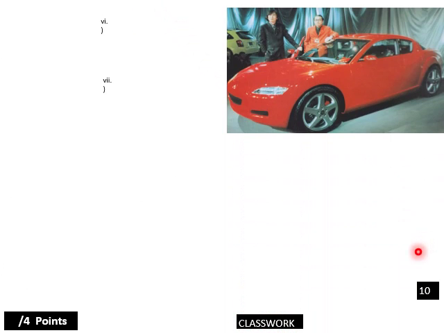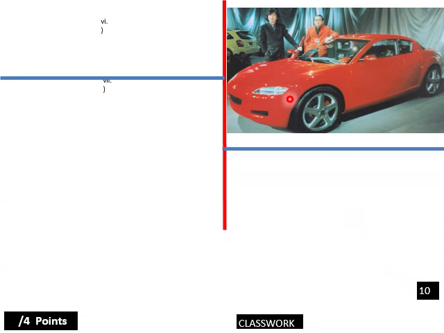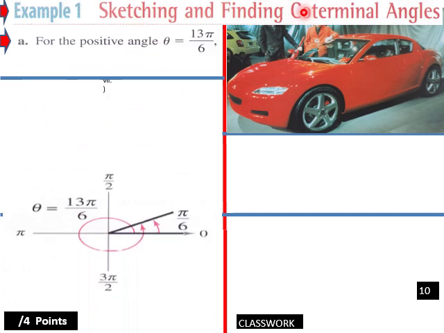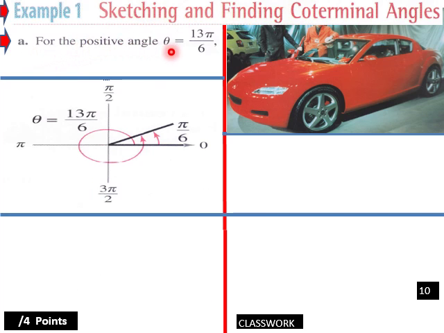Okay, moving right along to page 10 of our lecture today. Sketching and finding coterminal angles. For the positive angle theta equals 13 pi over 6, that is 1 full revolution plus pi over 6. So this is the terminal side of this angle.